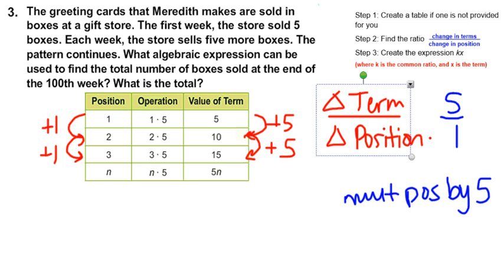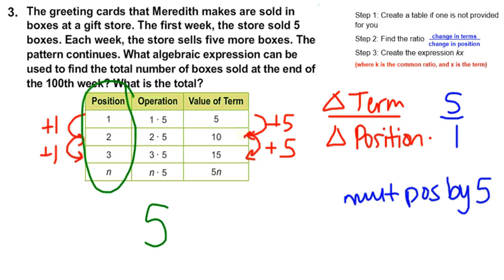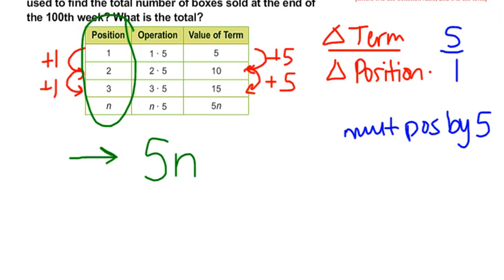So the next thing we do is set up the expression kx, meaning we are multiplying the position by 5. So 1 times 5 is 5, 2 times 5 is 10, 3 times 5 is 15. So we are going to say 5 times n. Okay, so now that we have our expression, we can substitute whatever we need.